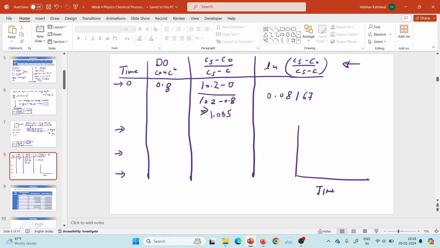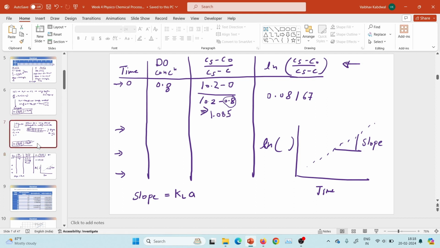So this value is increasing with time. So ln of this you have to plot with time, and you will get a curve like this. From this straight line you have to calculate the slope, and this slope will give you the KLA value.